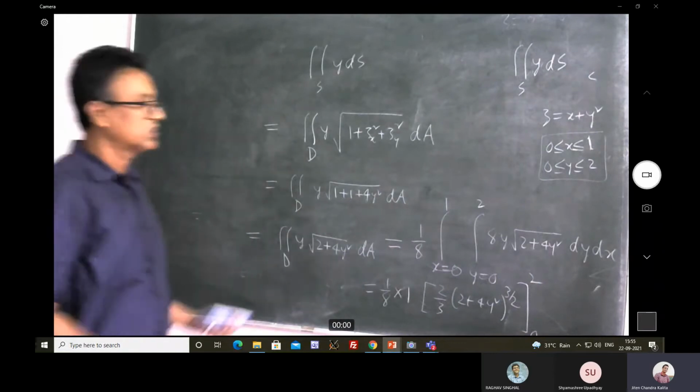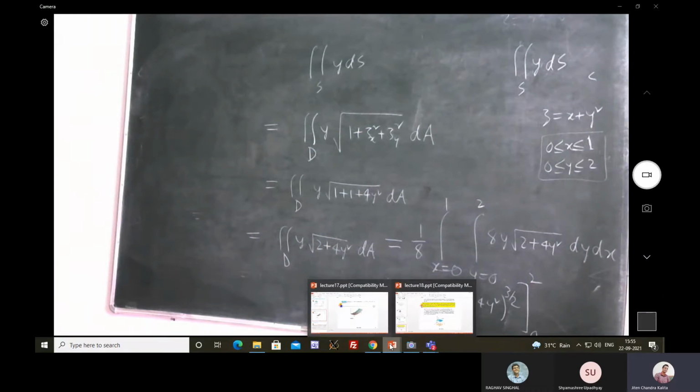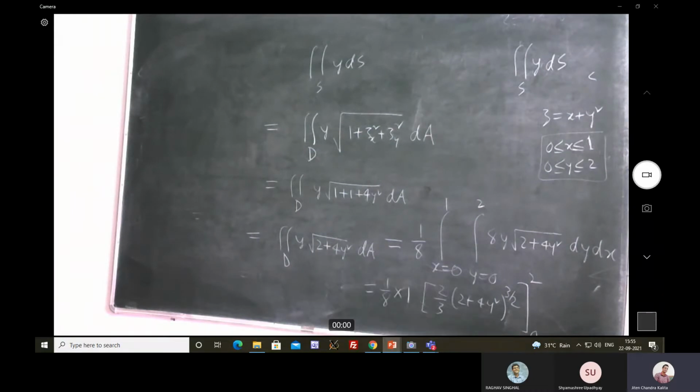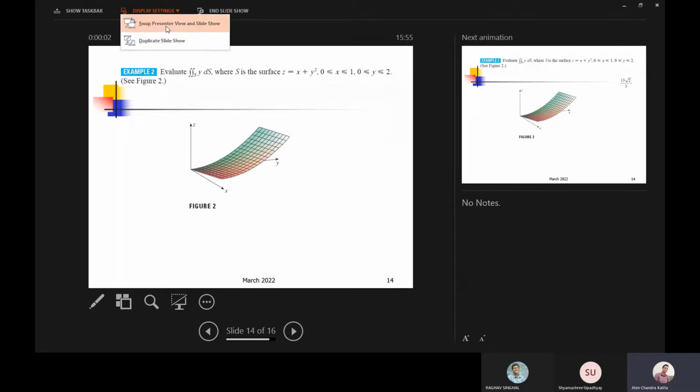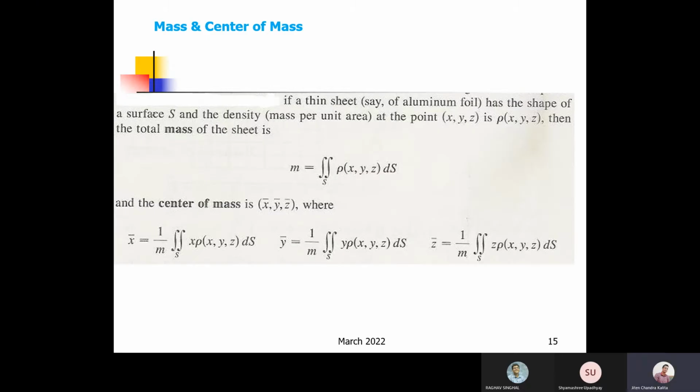This is straightforward. So now I would like to come to another of these concepts. This is pretty straightforward, whatever is going to be shown. The answer is given, you can work it out. And this is some application of this surface integral.